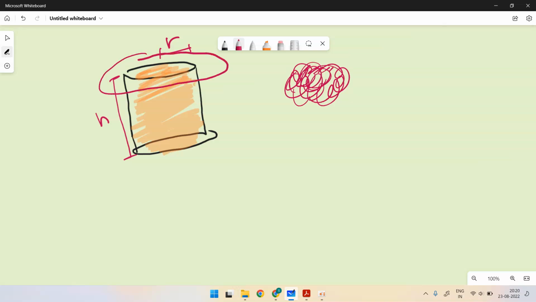See, at the ground level, since this is a well, you will be able to see only the top of it. So I'm again drawing this.